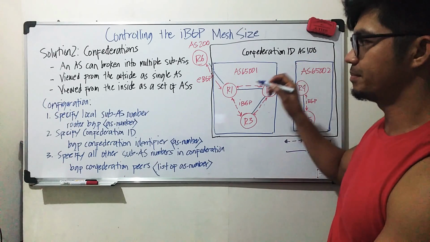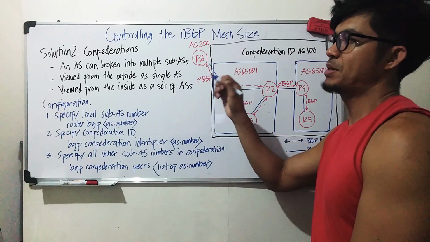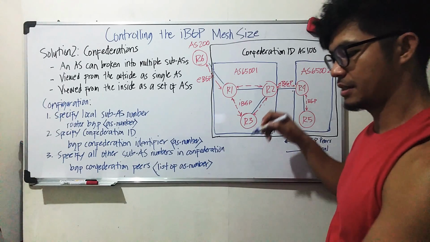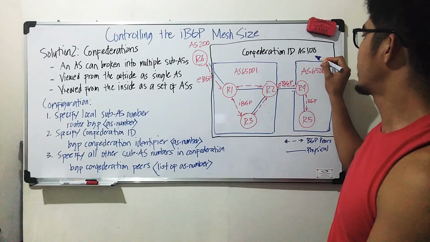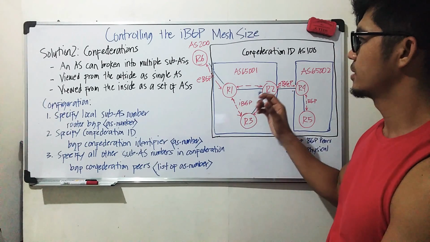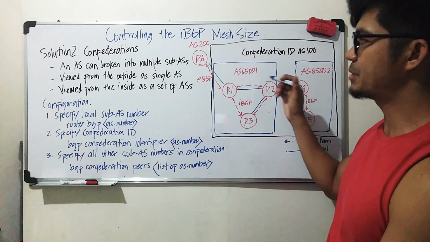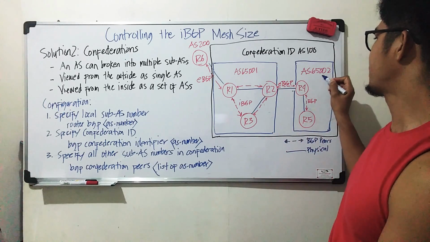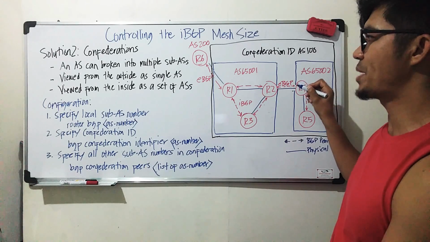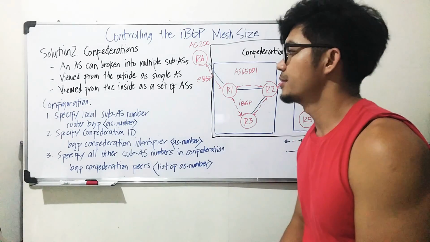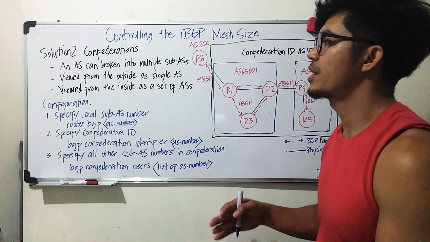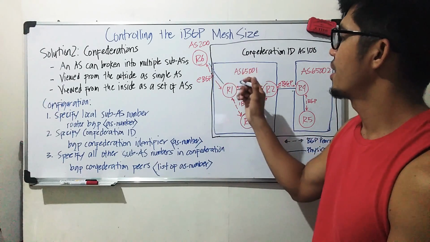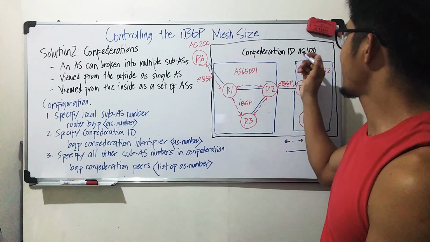The AS that is being talked about there is actually the confederation ID, which in this case is AS100, and the multiple sub-ASs are AS65001 and AS65002. These are the sub-ASs. From R6's perspective, this is just a single AS, which is AS100.